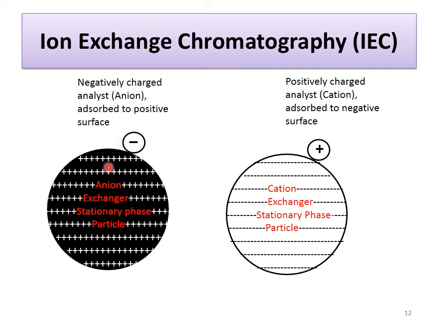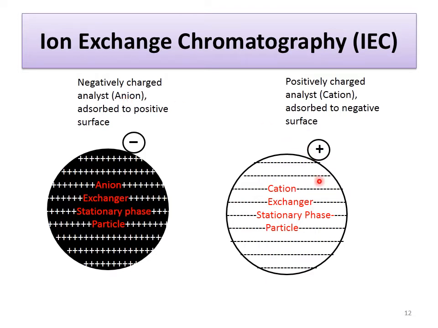Now in this type of chromatography, the stationary phase is positive and negatively charged protein binds to it, and then it is exchanged by negatively charged salt ions. Since in this process, negative charges are being exchanged on the stationary phase, this is called anion exchange chromatography.